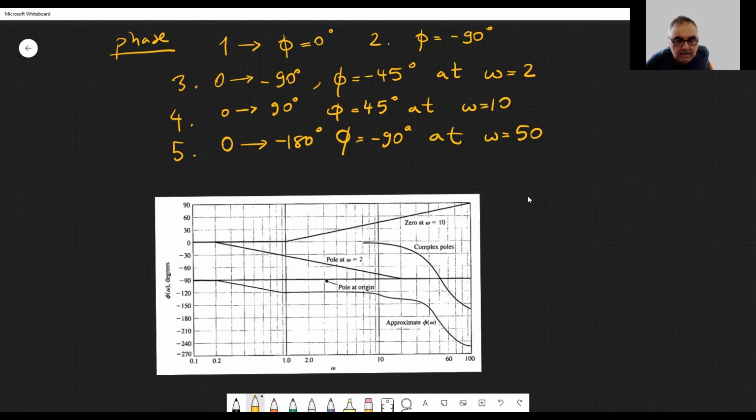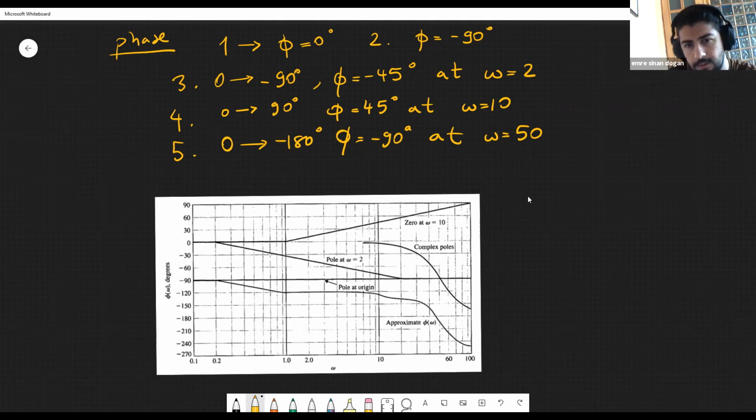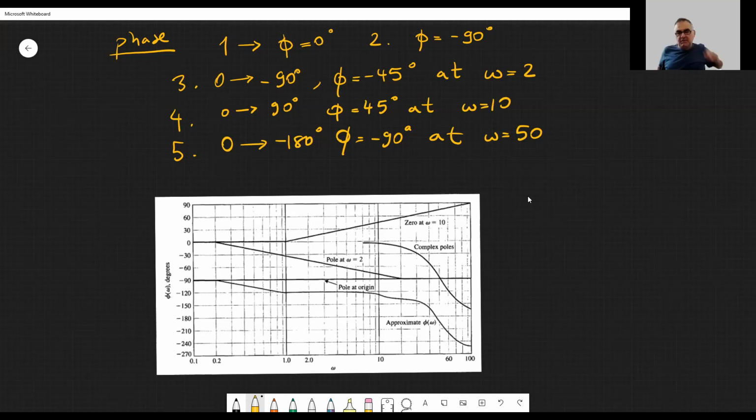Okay. Hocam, so this graph is the representation of the final form, right? Well, not before adding it up. Normally we draw straight lines, like 5 straight lines. Let me explain what we did.